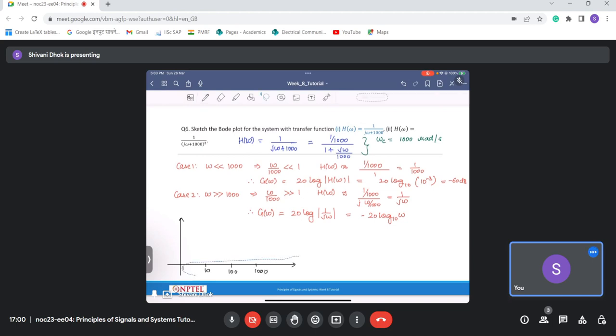This is G of omega, and this is log to the base 10 of omega.